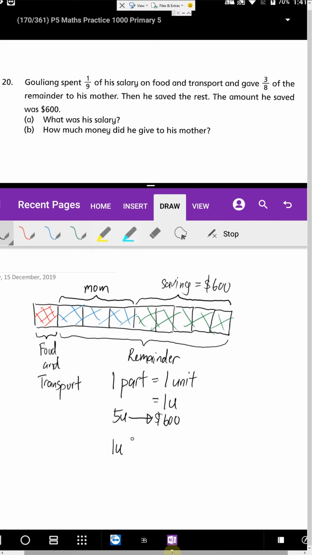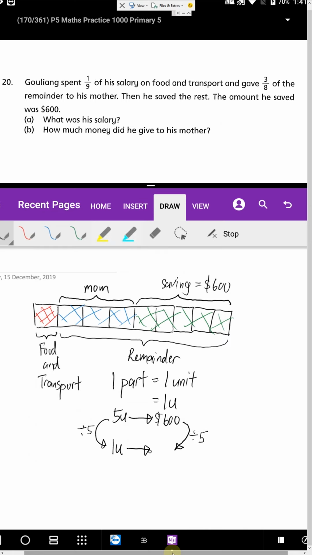So how can we find this one? You have to go from 5 units down to 1 unit. How can we make 5 to 1? We just need to divide by 5. So the same goes here, you just need to divide by 5.